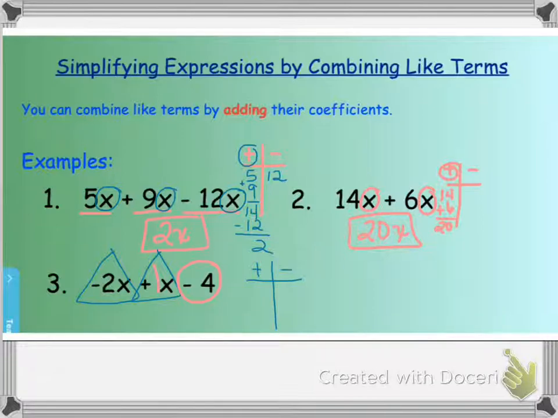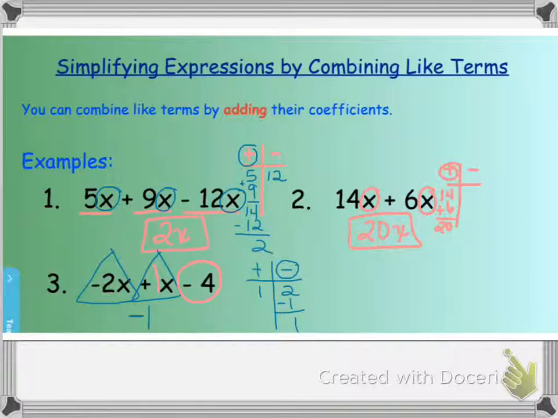I cannot combine negative 4 with a negative 2x and a positive 1x because they are not like terms. So I cannot put them together. The only ones I can put together here are the two that are in the blue triangles because those are like terms. So I've got a negative 2 points and a positive 1 point. So when I compare, I can see that my negative team is going to win, and they have 1 more point. So my answer is negative.